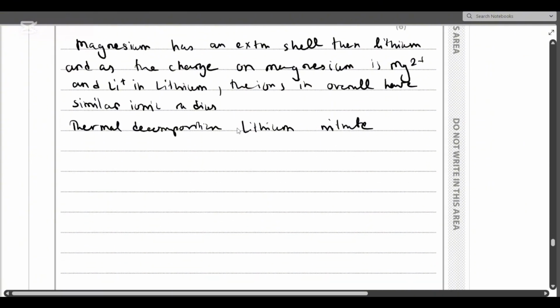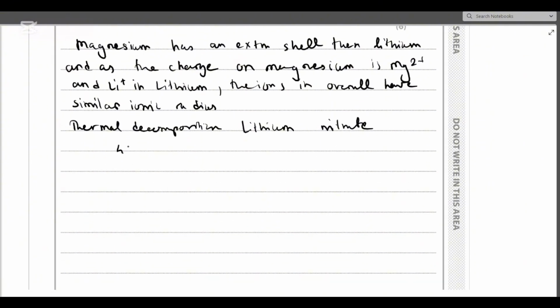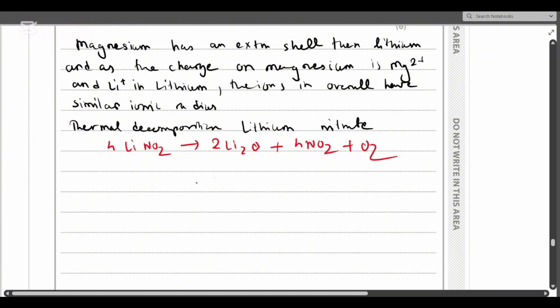It's pretty simple: 4 LiNO3 giving us 2 Li2O plus 4 NO2 plus oxygen. So that is the thermal decomposition for lithium nitrate.